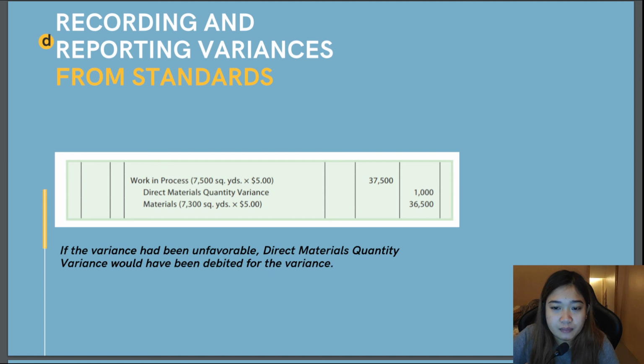The variance is also recorded by crediting direct materials quantity variance. Again, a debit balance in the direct materials quantity variance account represents an unfavorable variance, likewise, a credit balance in the direct materials quantity variance account represents a favorable variance.